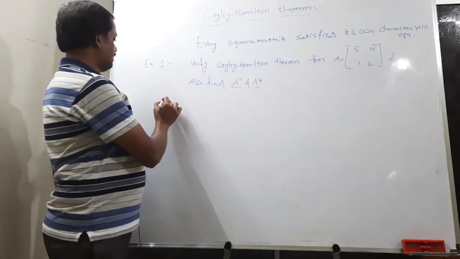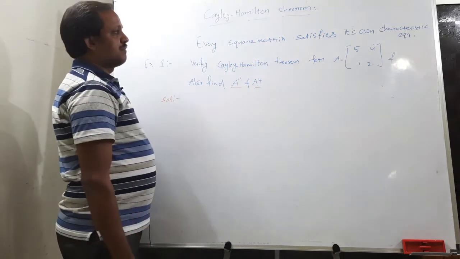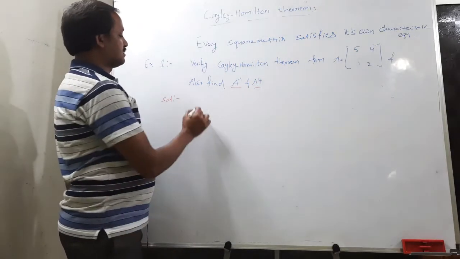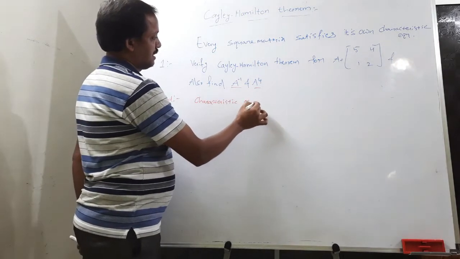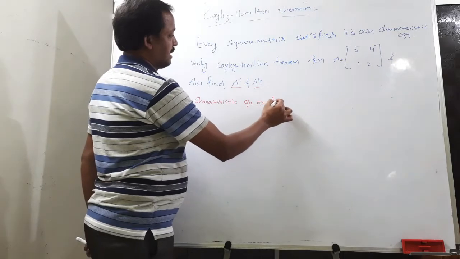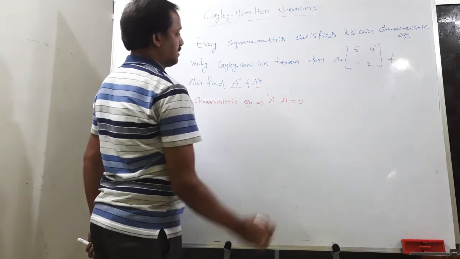So solution: for a given matrix, we need to find the characteristic equation. So characteristic equation implies determinant of A minus lambda I is equal to 0.